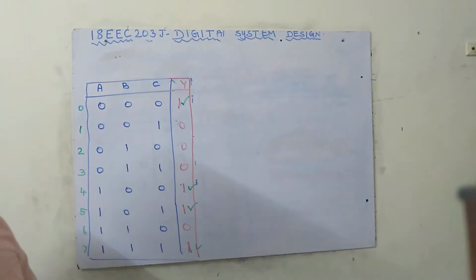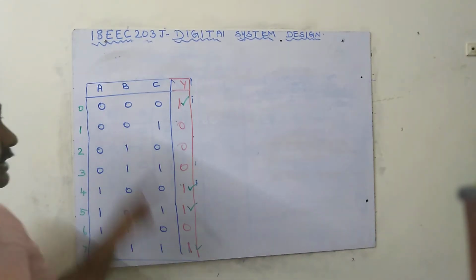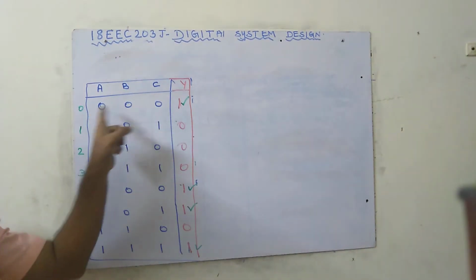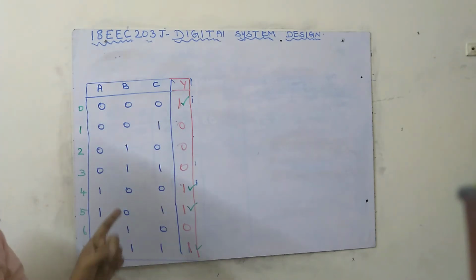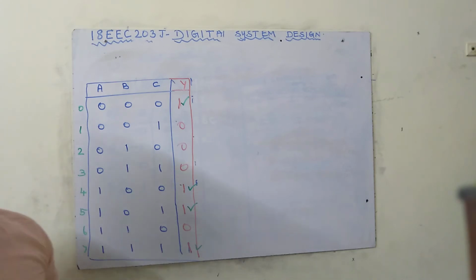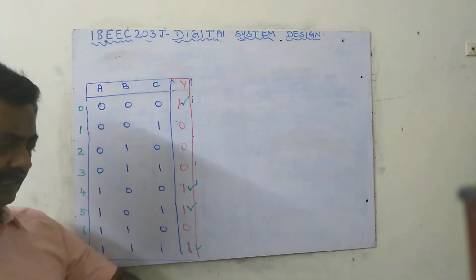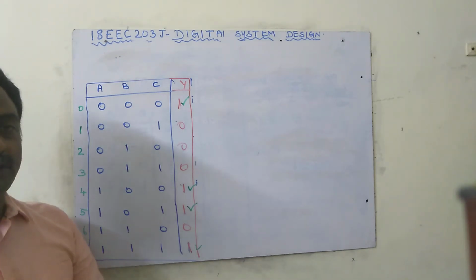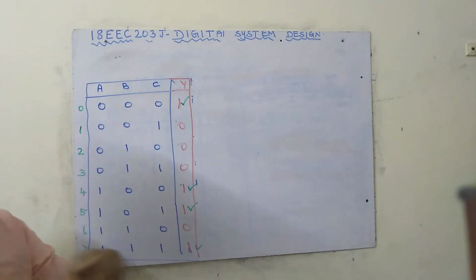Max term is nothing but each and every combination, all possible combinations, should be written in positive addition manner. Here 0 should be assigned with the unbarred letter and 1 should be assigned with the barred letter, totally the inverse of min terms.